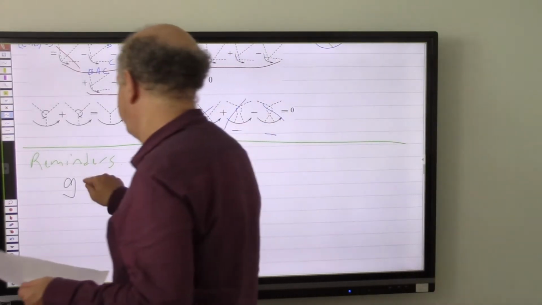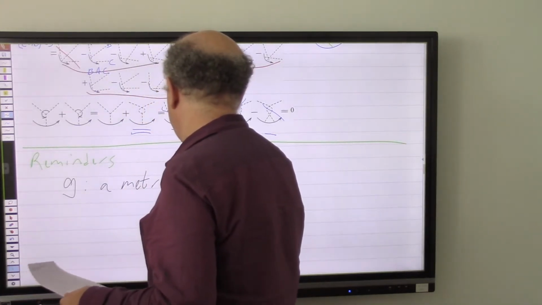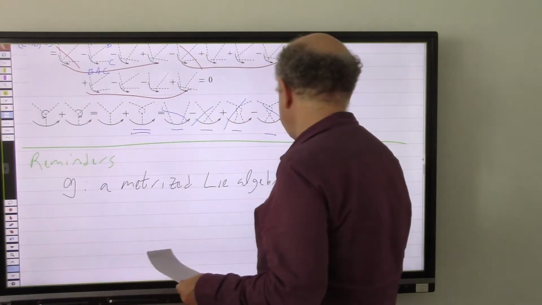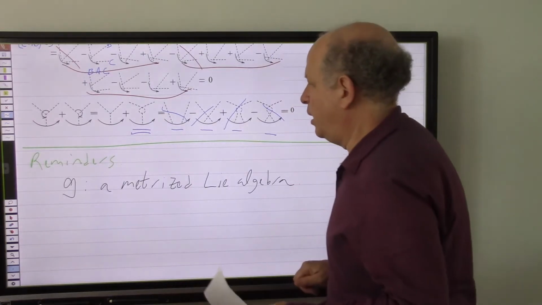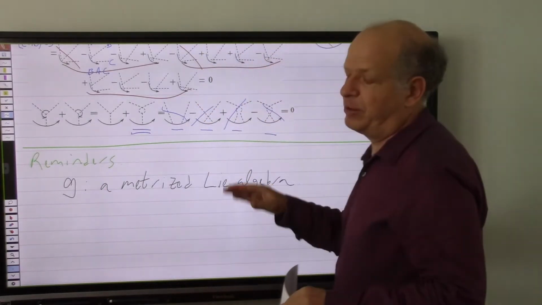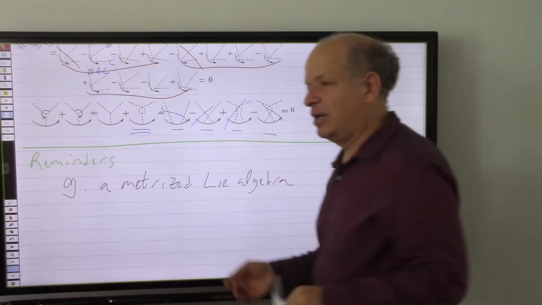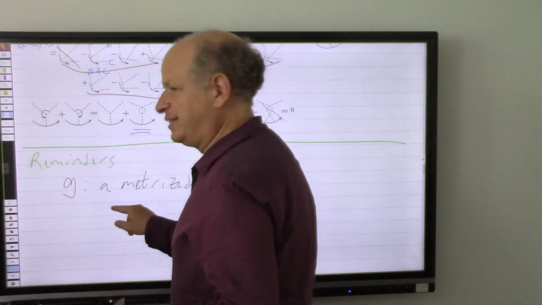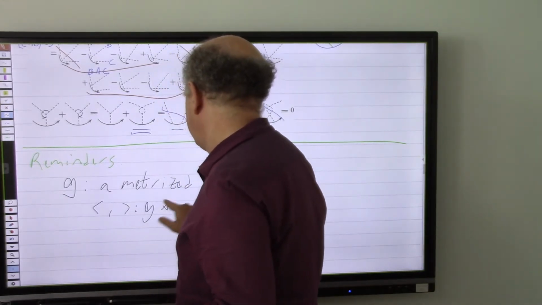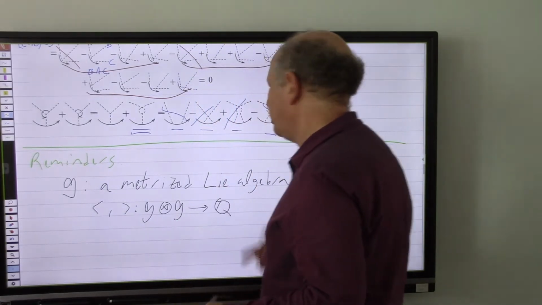So suppose G is a metrized Lie algebra, and the Lie algebra we've defined is something with a bilinear antisymmetric bracket which satisfies the Jacobi identity. Metrized means that there is a bilinear form from G tensor G into the ground field. Again, I'll call it Q, but it really doesn't matter.